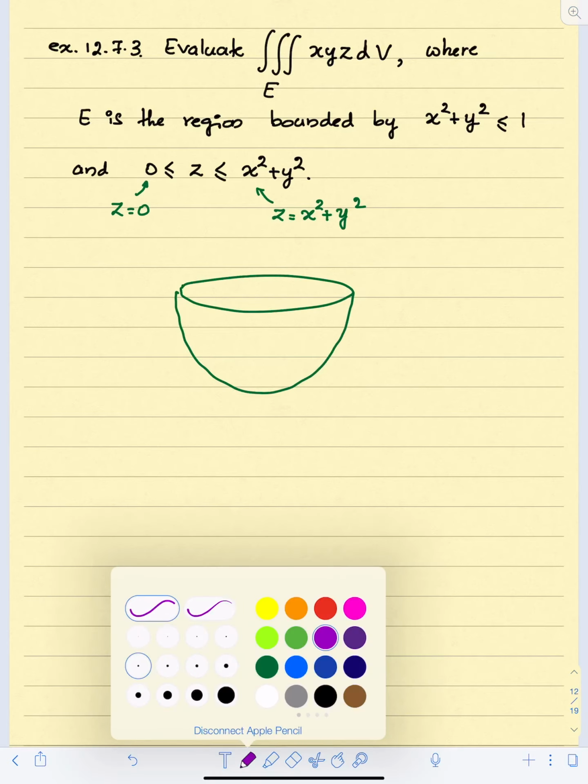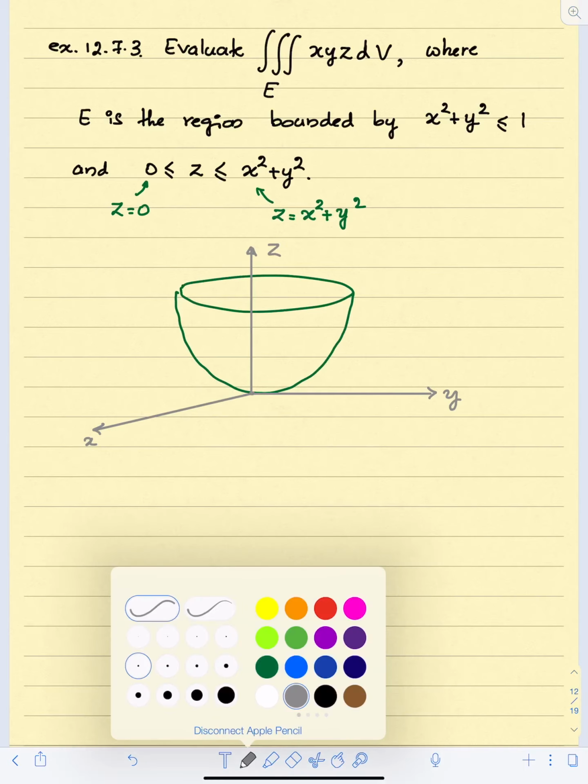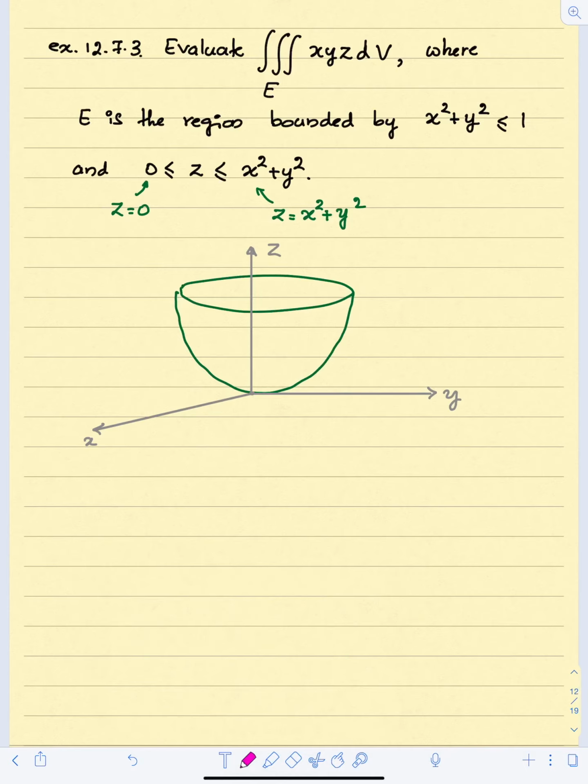Okay, let's draw the x, y and z axes. It's the x-axis. This is the y-axis, and that's the z-axis. Okay, and now we have this cylinder. Radius of the cylinder is 1.